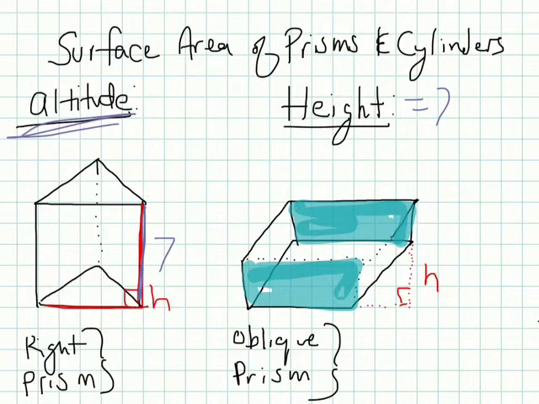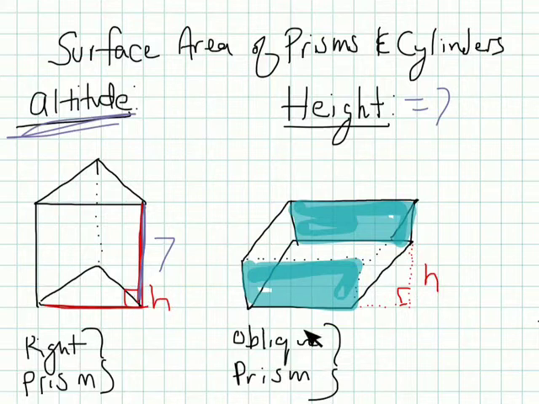It's perpendicular. I'll slow down with the definition one more time. A right prism is a prism where the lateral faces are rectangles and a lateral edge is the altitude.